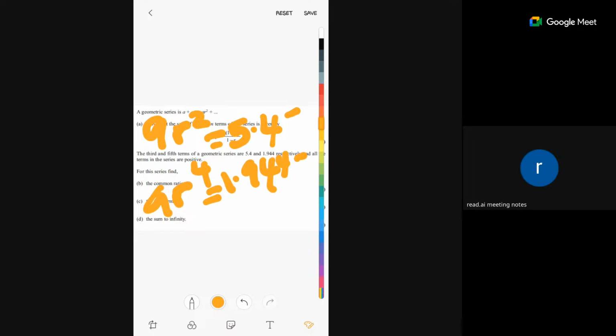If I want to divide equation 2 by equation 1, that's going to be ar raised to the power 4 over ar raised to the power 2, equals 1.944 divided by 5.4. That is what I'm going to get.